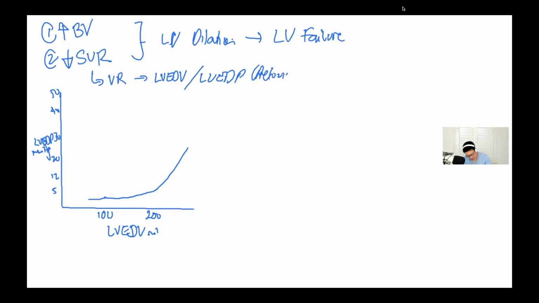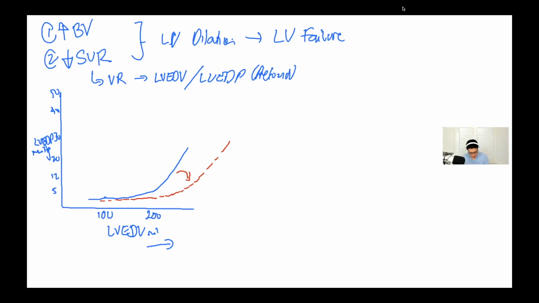But the problem is that once your left ventricular end diastolic volume becomes excessive, you can see that there's a marked rise in your end diastolic pressure. And so what happens is that the left ventricle dilates, or eccentric hypertrophy happens. The function of that is to increase the compliance of your left ventricle, so that for an increased volume, there is the same left ventricular end diastolic pressure.